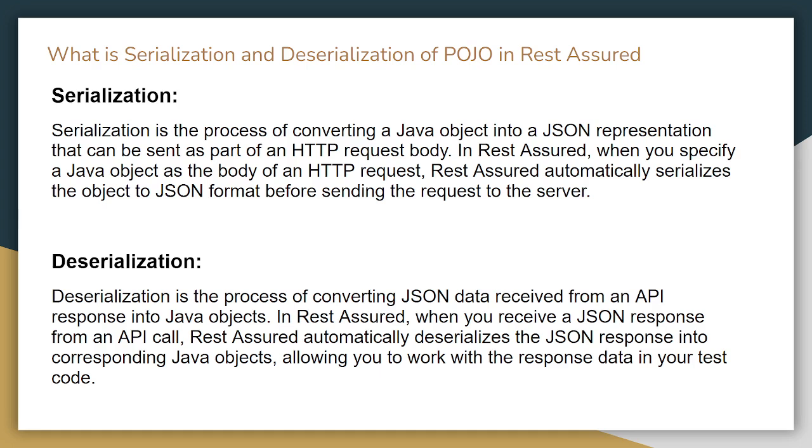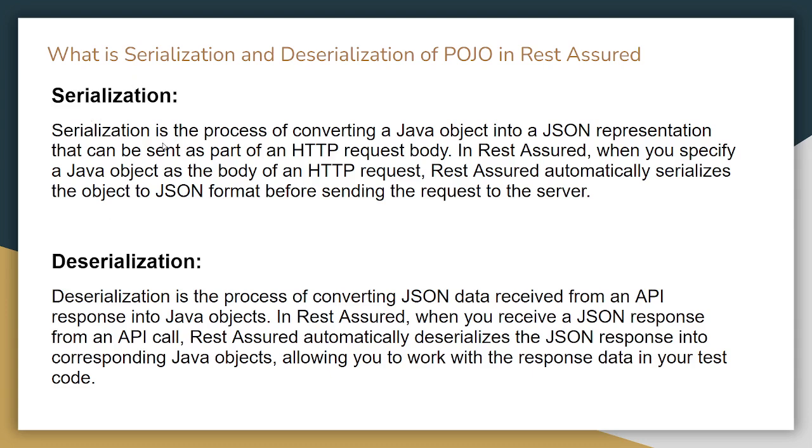Whereas deserialization is the process of converting JSON data received from an API response into a Java object. In REST Assured, when you receive a JSON response from an API call, REST Assured automatically deserializes the JSON response into corresponding Java objects, allowing you to work on the response data in your test code. Okay.